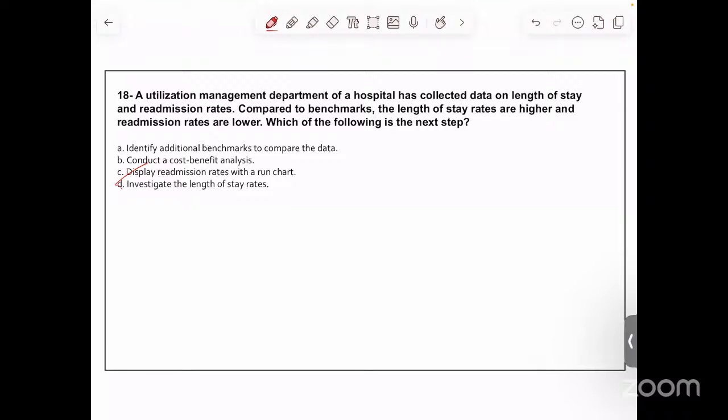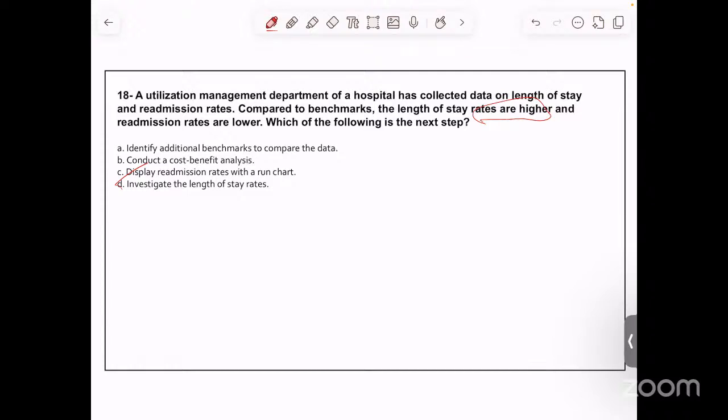Since the length of stay rates are what? High, right? Then benchmarks. So investigate the length of stay. Yes, the next logical step here is to investigate the reasons behind the prolonged stay. This can help to identify inefficiencies, any barriers to discharge, or unnecessary delays that need to be addressed.